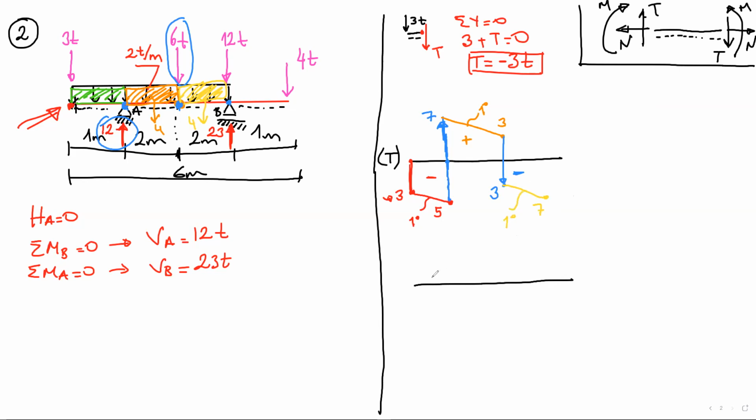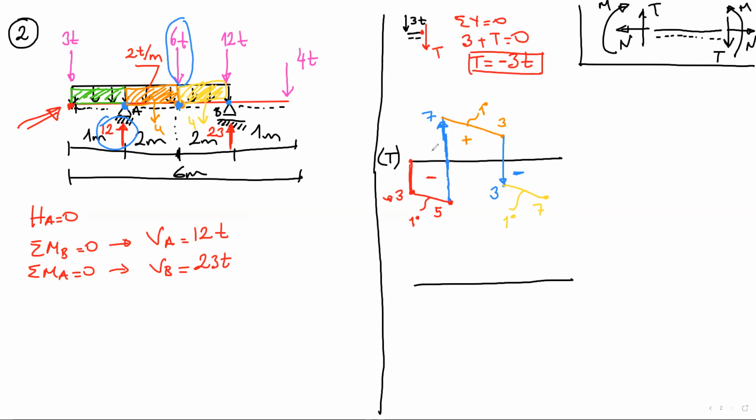This is first degree. Now we are at the support point, point B. At point B, we have point loads.